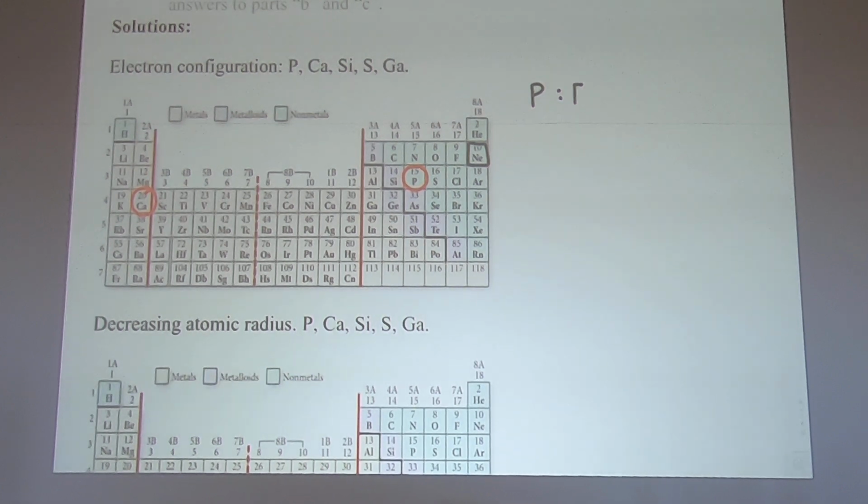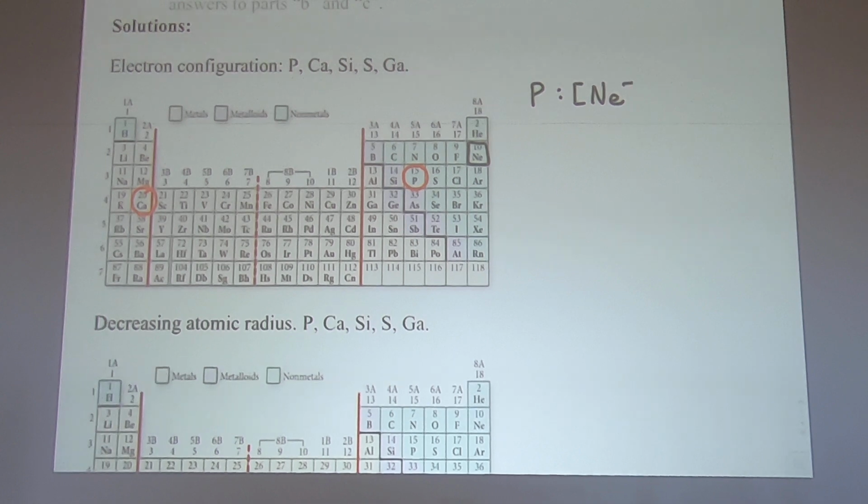I'm going to use a square bracket, neon, which is 10 electrons. And then you are going to have what I underlined here: 3s2, 3p3. So that's the answer for the one I'm looking for.